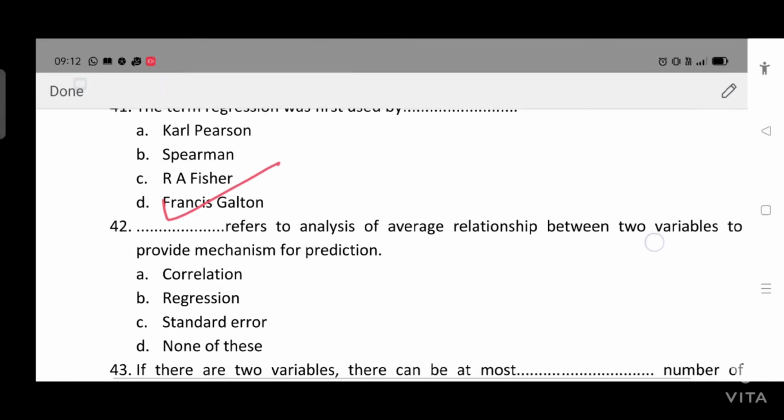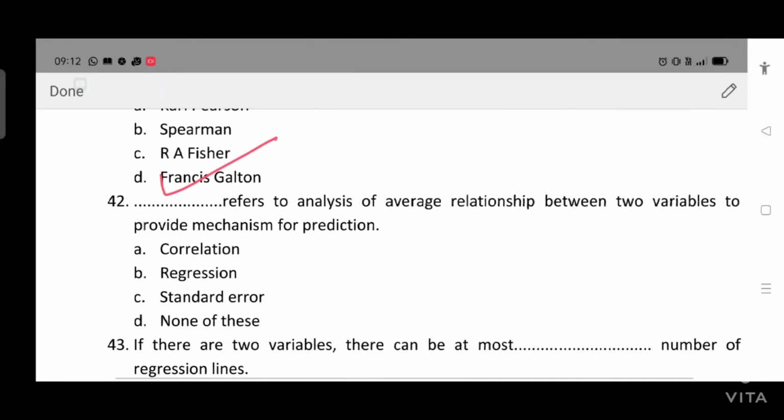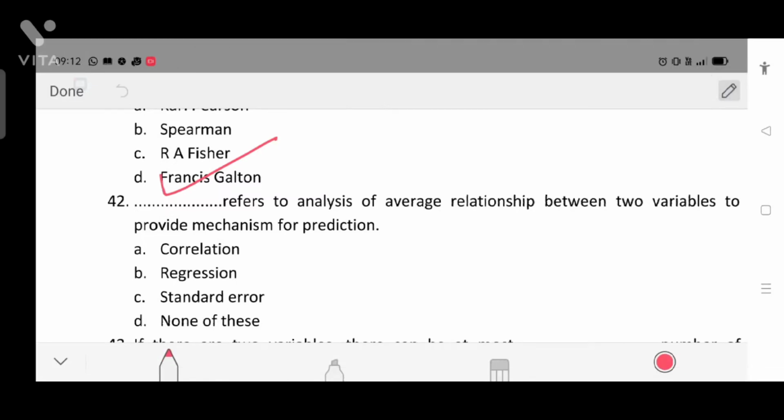Question number 42. Dash refers to the analysis of average relationship between two variables to provide a mechanism for prediction. A, B, C, D. Answer B, regression.